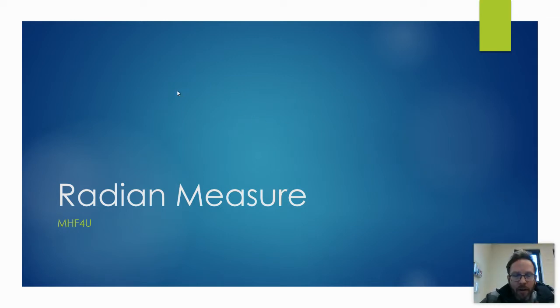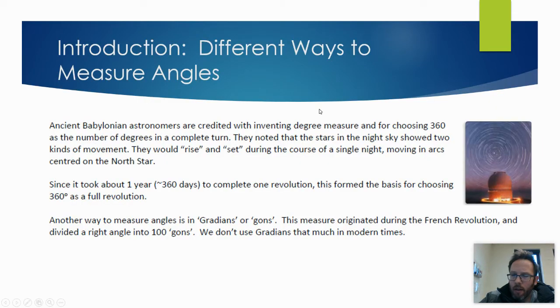So let's get started. Did you know there are different ways to measure angles than just degrees? If you're curious about where degrees got their origin, the 360 degrees for one revolution is curiously close to 365 days in a year. And that's actually where degrees originated.